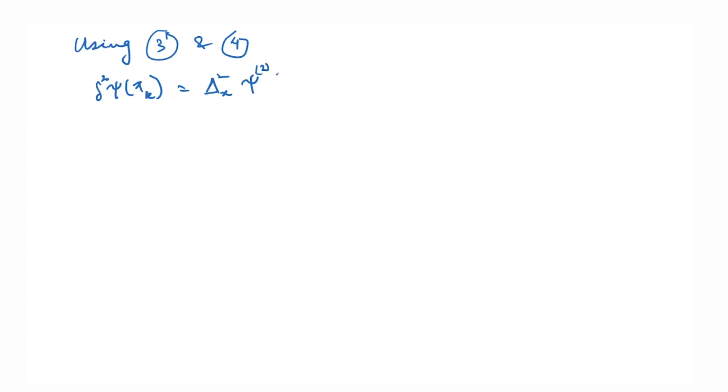The next step, using 3 prime and 4, what we get is the following: delta 2 psi x_k equals delta x squared times the second derivative of psi at x_k, plus 1 by 12 delta x squared delta 2 psi 2 x_k, plus my order delta x to the power 6.